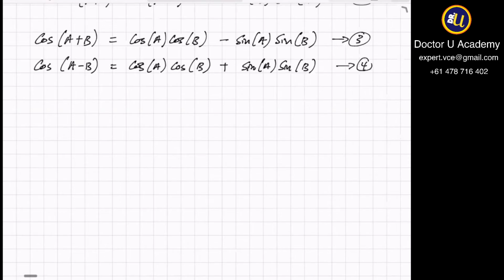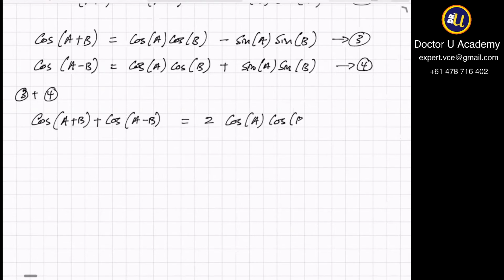So now what if you add 3 and 4? When you add 3 and 4, what you get? cos(A+B) + cos(A-B) is equal to 2 times cos A cos B. So that is our next derived equation. Now if you subtract, 4 minus 3.